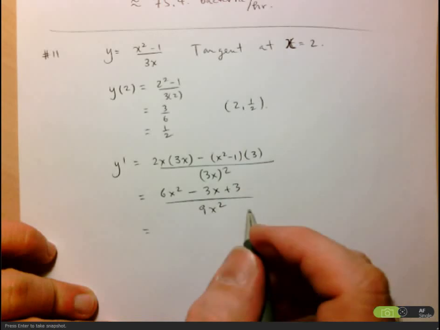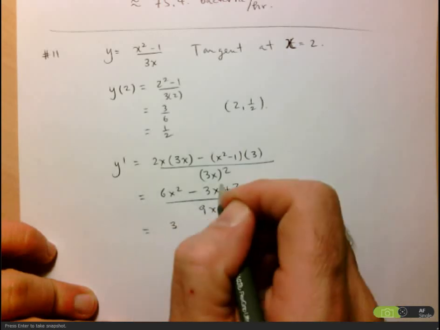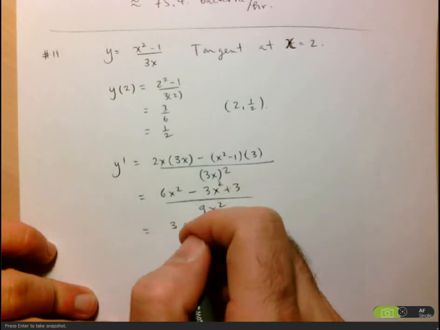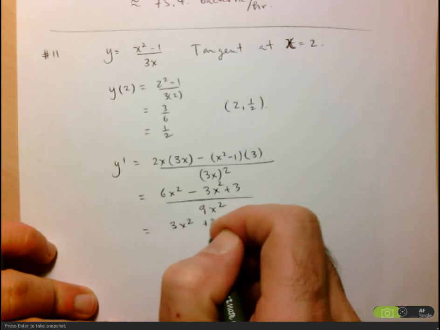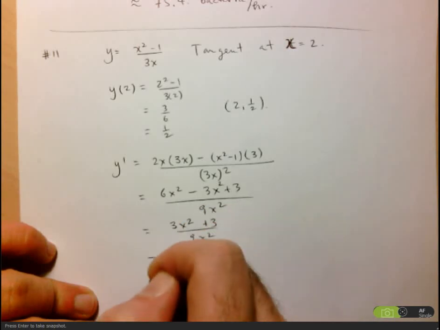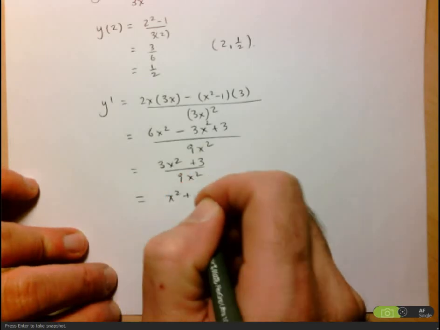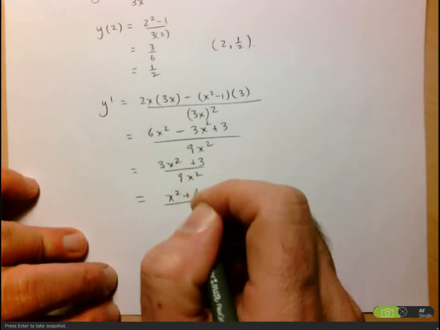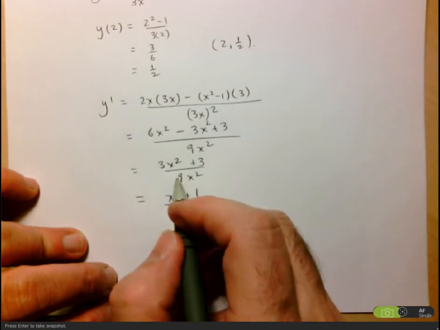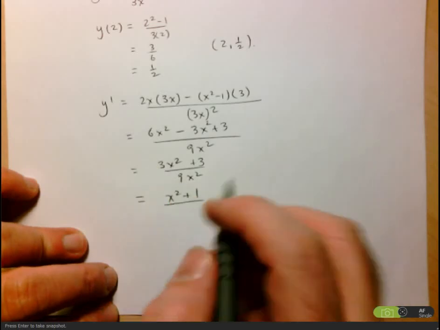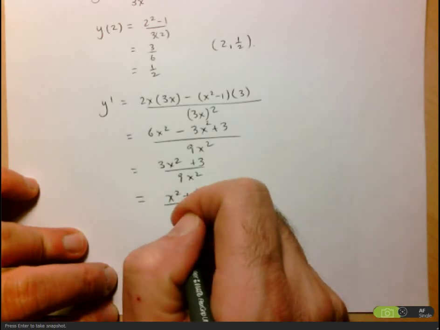And so here we're left with 3x squared plus 3 over 9x squared, and factor out the 3 here, so we're left with x squared plus 1 in the numerator, and the 3 in the numerator reduces with the 9 in the denominator, so we're left with 3x squared.